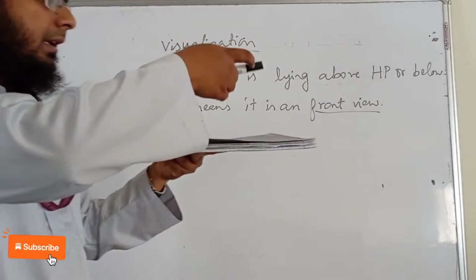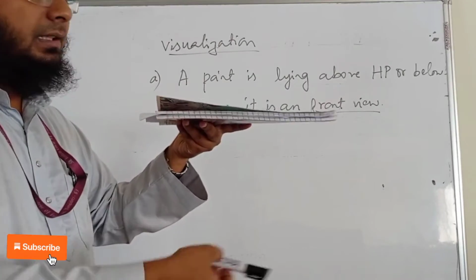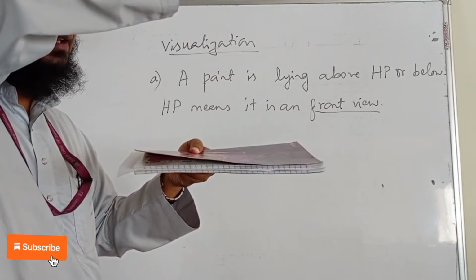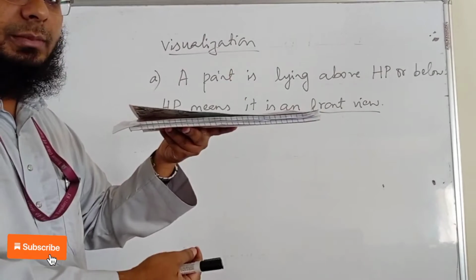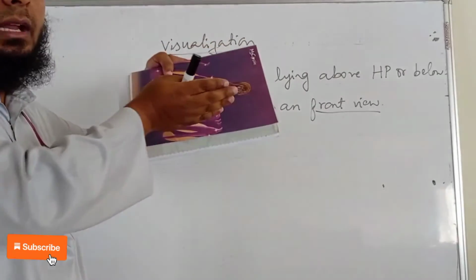Say this is our pen. If it is lying above HP or below HP, the point has a certain distance from the horizontal plane, say 50 mm above HP or 30 mm below HP. This distance can be projected on the vertical plane, correct?